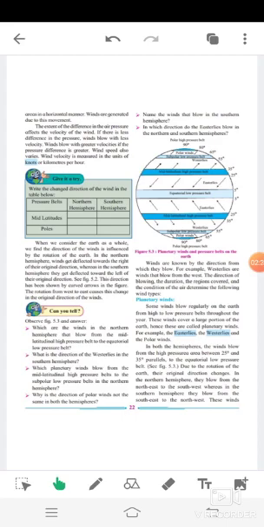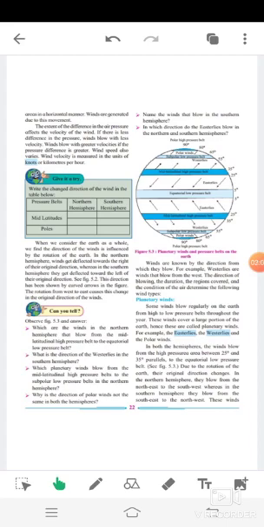The extent of difference in the pressure affects the velocity of wind. If there is less difference in the pressure, winds blow with less velocity. If there is more difference in the pressure, winds blow with high velocity. Wind velocity is measured in the units of knots or kilometers per hour.